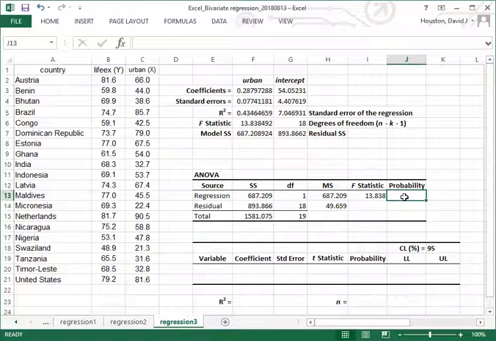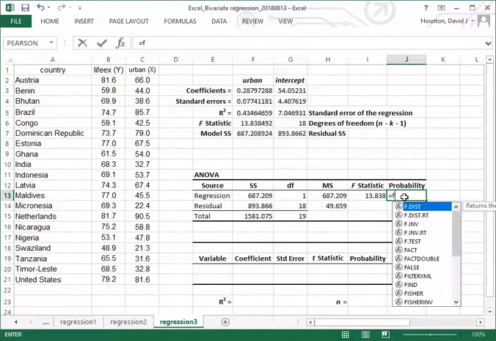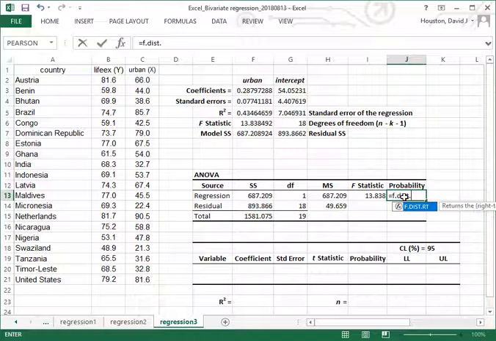We'll use a function in Excel, F.DIST.RT, and what this will do is report the area under the F distribution, which is always going to be positive. So it goes from 0 to the left to infinity to the right.